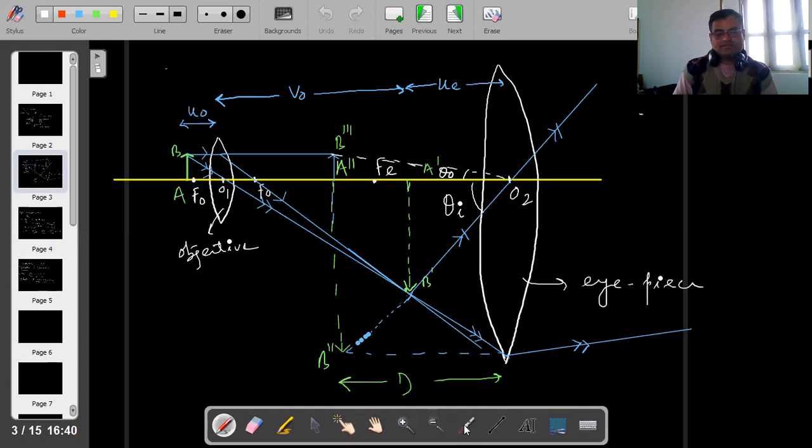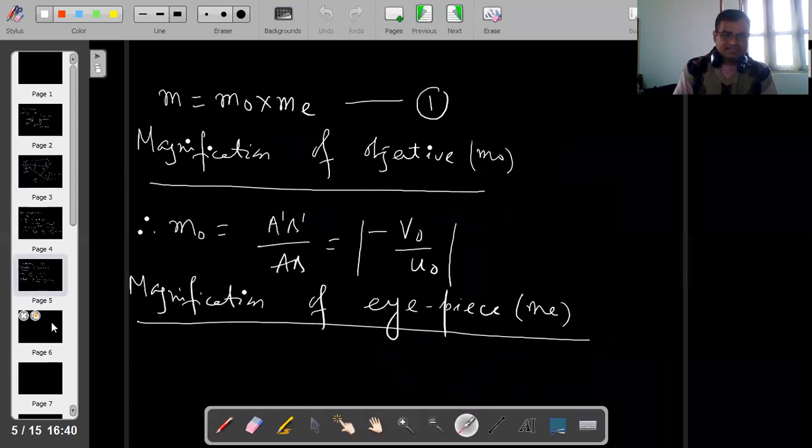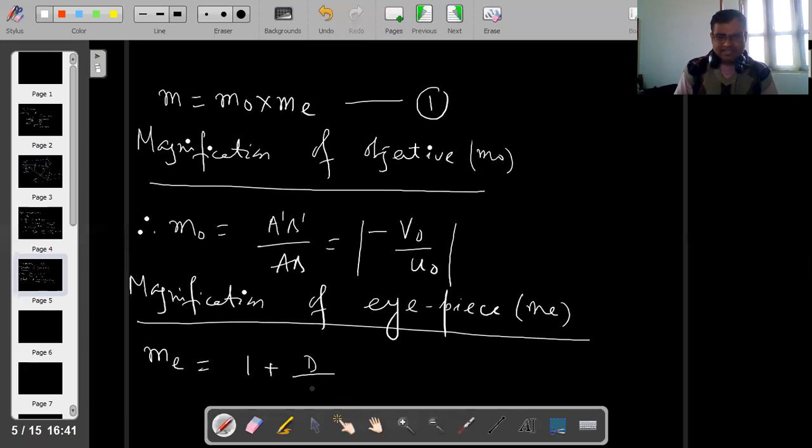Therefore, its magnification is given by ME is equal to 1 plus D by F, where F means FE.